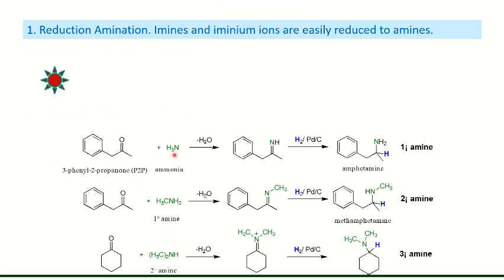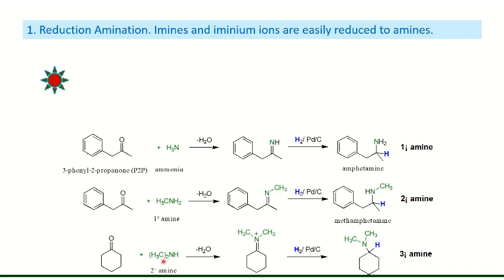For example, here with ammonia, we end up with this imine, typical. And then once we reduce that imine, you can see we end up with a primary amine. Here with the primary amine and the ketone, we end up with another imine, and of course reduction realizes a secondary amine.